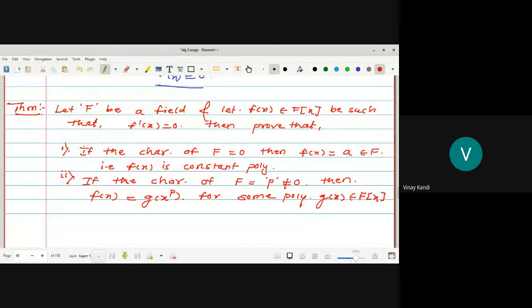That is, f of x is a polynomial in x raised to p.